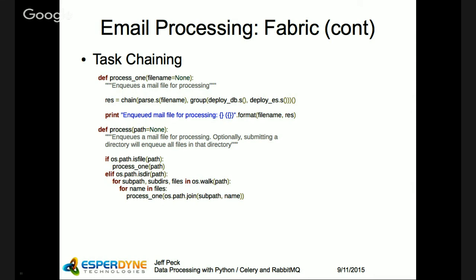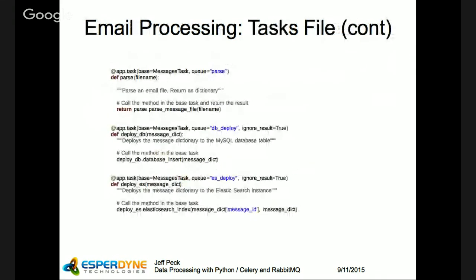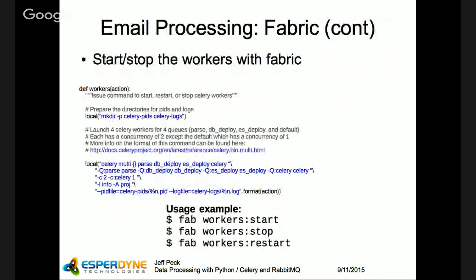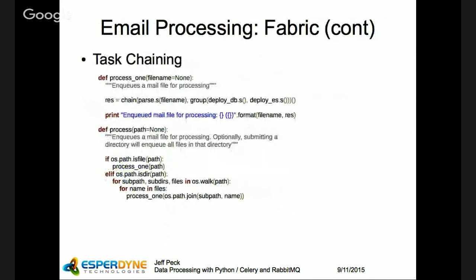Yeah, exactly. So first of all, going back here, if we were to take this ignore result and leave it out or set it to false, by default it's false, then over here when we run this group, we could do something with the result after. We could have another thing in the chain, or we could run a chord, which is the same thing, or we could even attach an error handler.